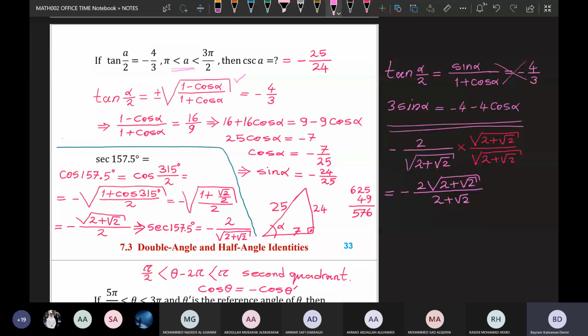So are we done yet? No. I have to multiply another time with 2 minus root 2, huh?